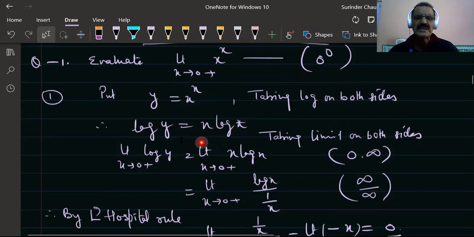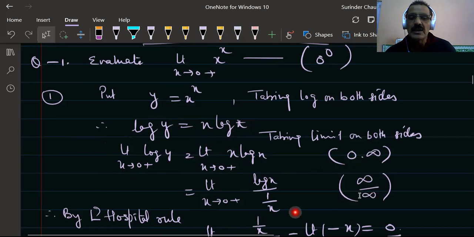Now we want to evaluate the limit of this as x goes to 0. The left hand side will be kept as it is, and the right hand side limit will be solved. This is a 0 into infinity form, so it will be converted into 0 by 0 form or infinity by infinity form.